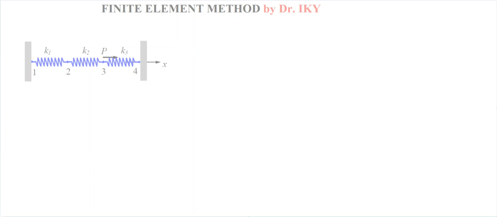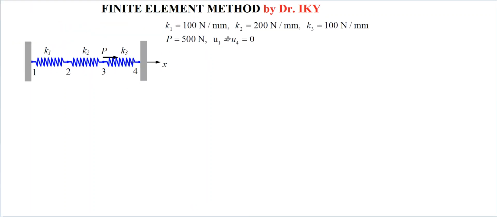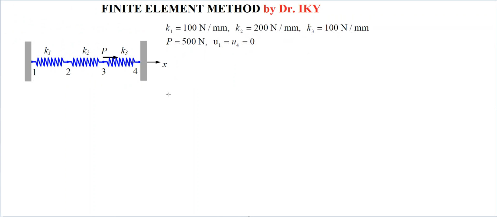I have got the values of the system. Yes, K1 is 100 Newton per millimeter, K2 is 200, K3 is equal to K1.